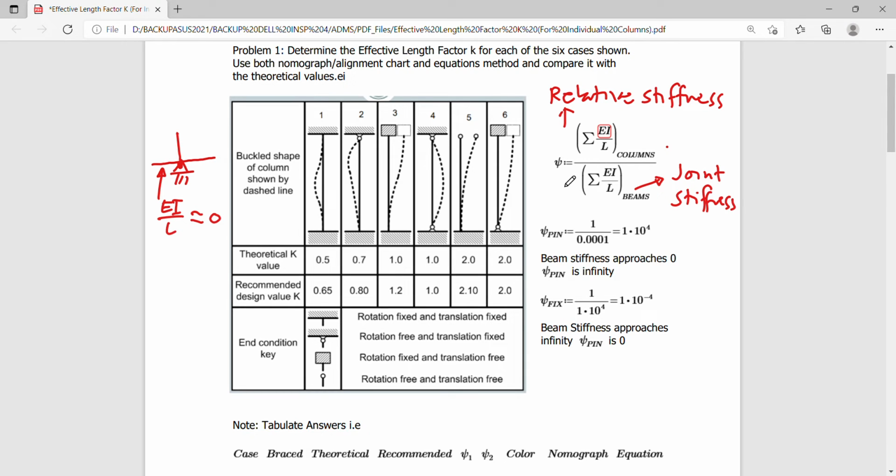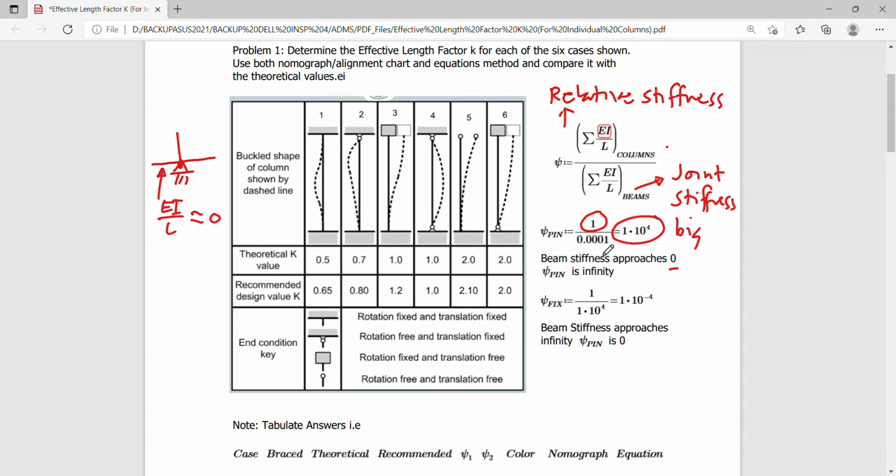So if we take the relative stiffness now of a pin joint, then we can say that any value which represents the stiffness of the column divided by a very small value which represents the stiffness of the beam will yield a very big value for your relative stiffness.